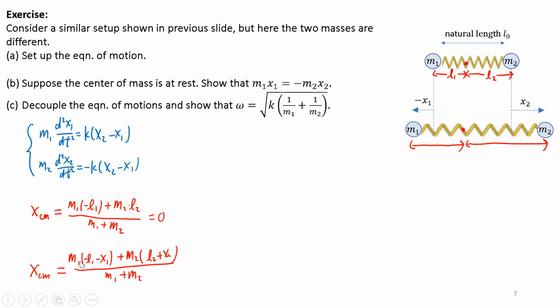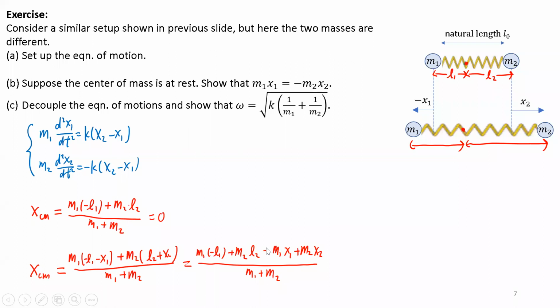Now I can just rewrite it as M1 times minus L1 plus M2 times L2, and then minus M1 X1 plus M2 X2, divided by M1 plus M2.